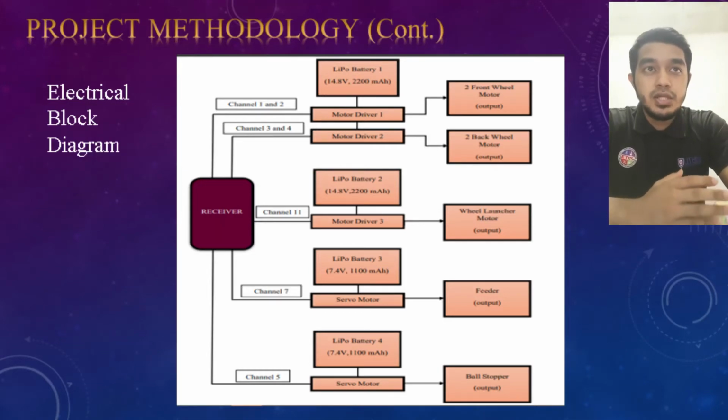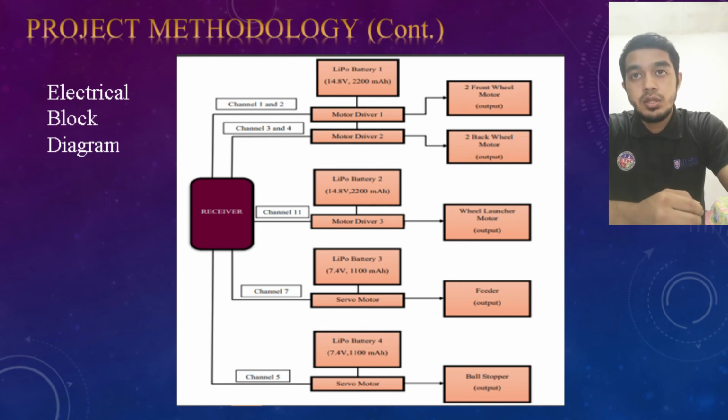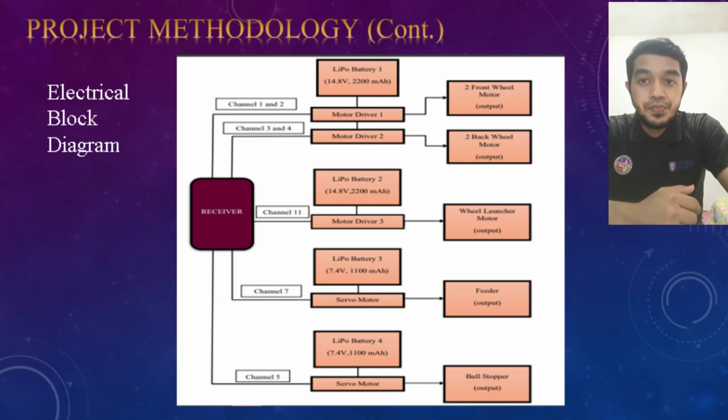Okay, now we move to the next project methodology, which is the electrical block diagram. The receiver functions to transmit the instruction given by the controller and transfer it to the motor driver. As we can see here, we have 3 motor drivers for the high torque motors, and the output is 2 front wheel motors and 2 back wheel motors, and also the wheel launcher motor.